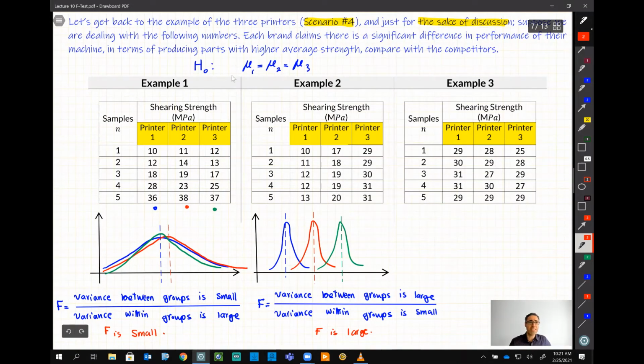You are stating that there is not a significant difference between them. So mu1 is equal to mu2 is equal to mu3. But if f is large, then you would say, as clearly you can see visually in this example, no, there is a significant difference between mu1, mu2, and mu3. All right. So this is the F-test.